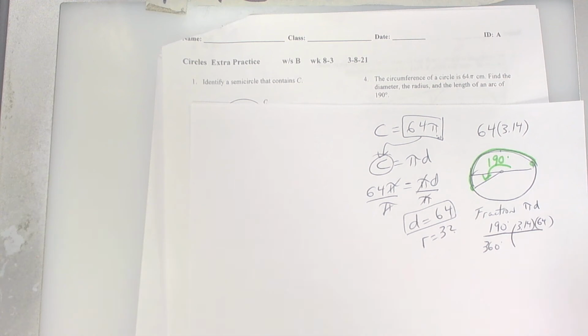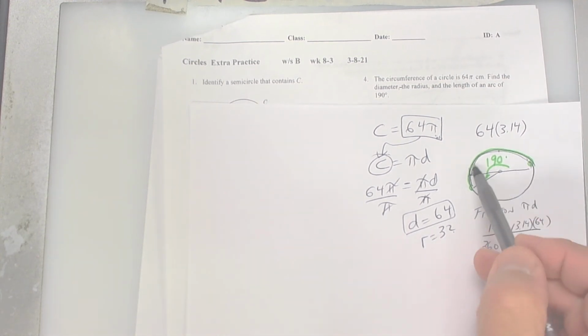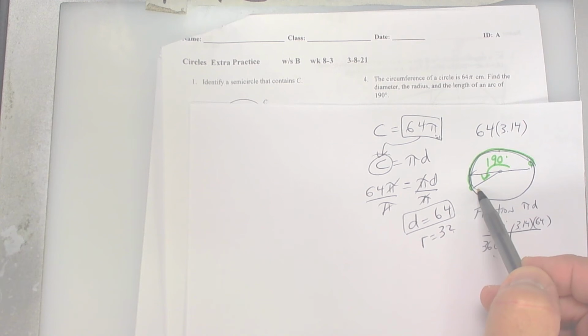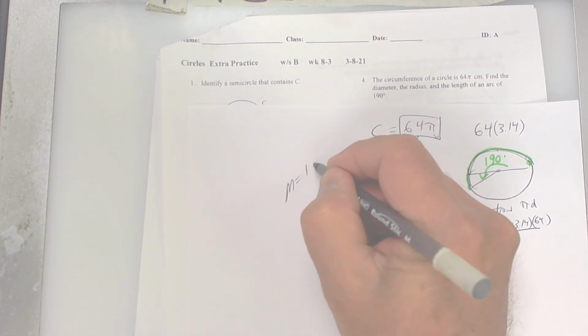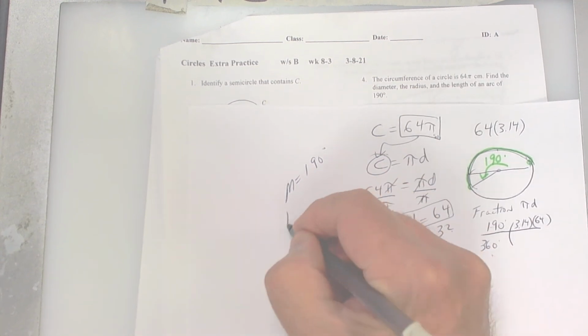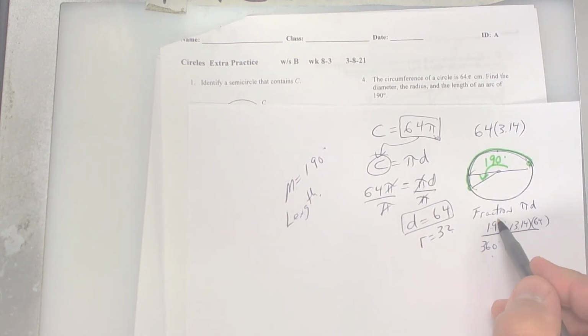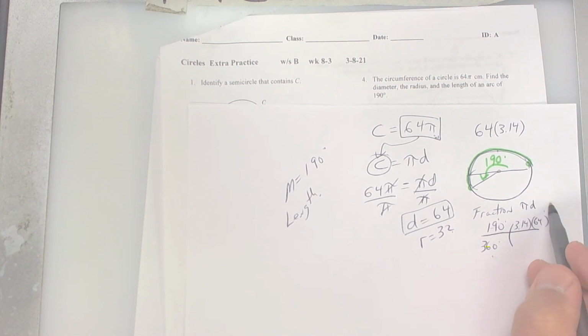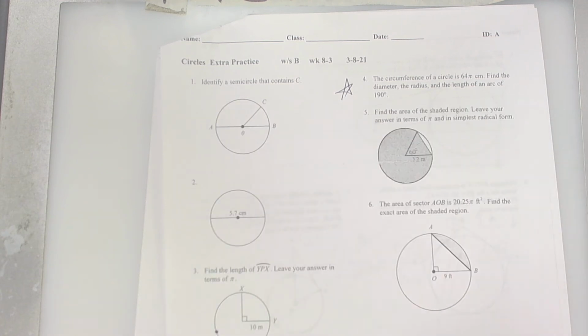So what you do is you multiply the top numbers, divide by 360, and you know how long this is. Okay? The measure is 190 degrees, but they don't want that. They want the length. And to do the length, you got to use the fraction times pi times diameter. Okay, so this is a work backwards problem. So there's how you do it. And let's move on to the next one.